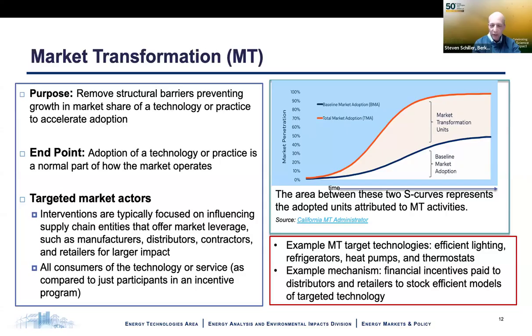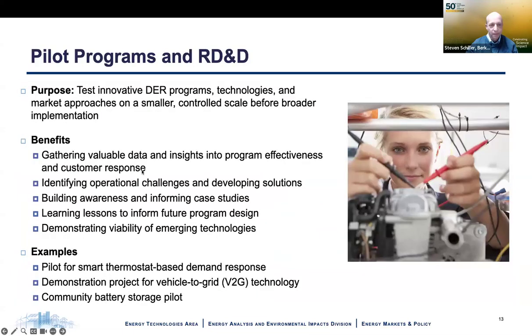And if they say, "Well, I've got the standard one right here, I can have it for you in an hour," versus the efficient one, which I'll have for you in 2 weeks, you're going to go for the one that you can have in an hour to have your water heating. But if Home Depot, or the contractor, has the efficient ones on their truck as well, you might be more encouraged to install it. So these are kind of market transformation mechanisms that you can use as part of your program design.